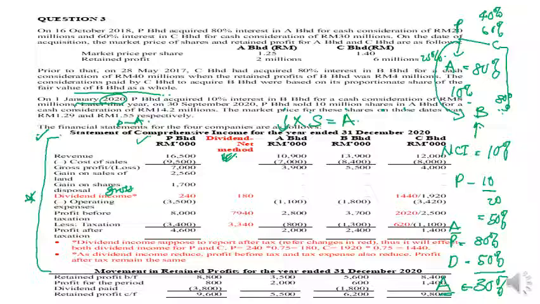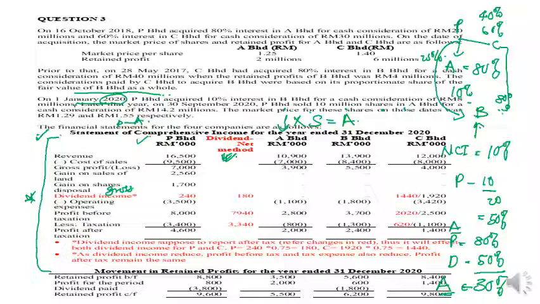Okay, at the time the retained profit was 4 million, and the consideration paid by C to acquire B here is based on the proportionate share of the fair value of the company as a whole. Okay, so C acquired 80%, which means that the NCI here is 20%.